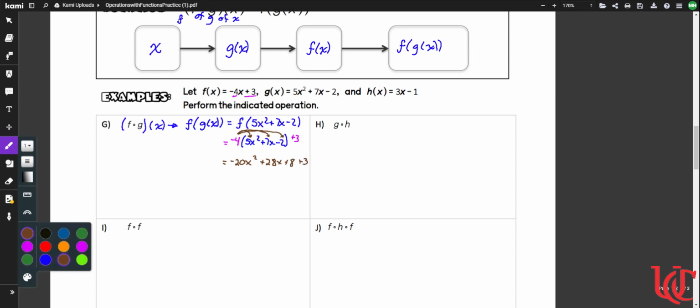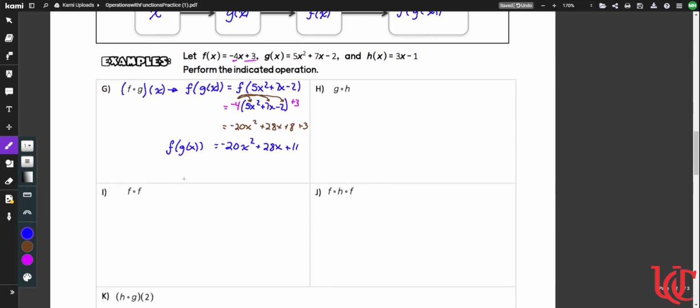So solving all of the stuff, simplifying things as much as possible, I have f of g of x equals -20x squared plus 28x plus 11. So we're just plugging in one function into the other, replacing all the x's with that.